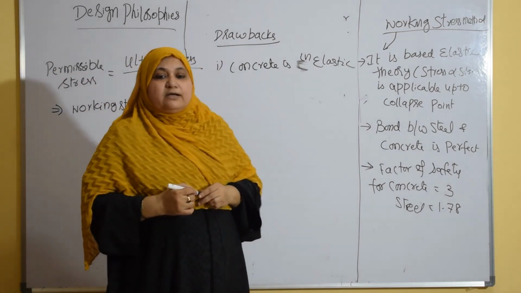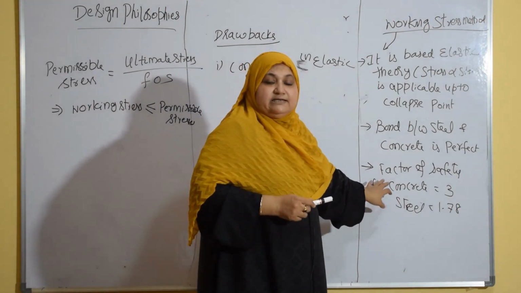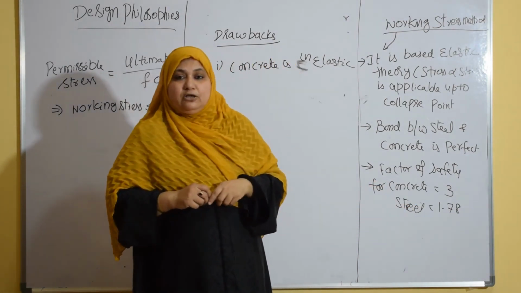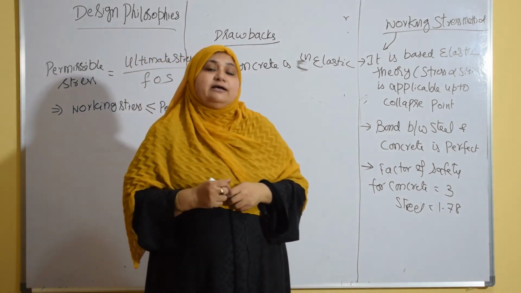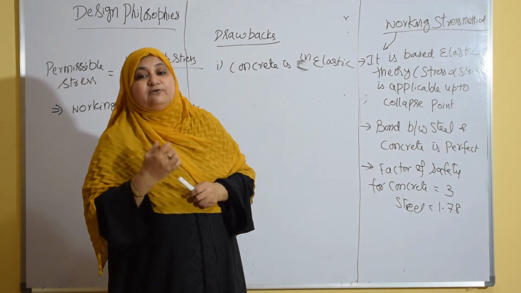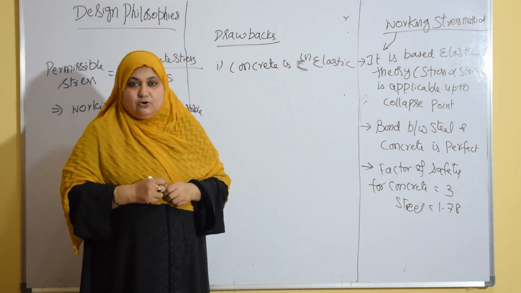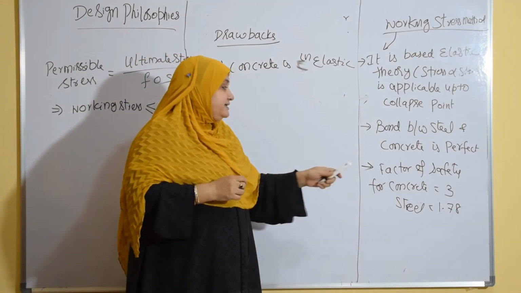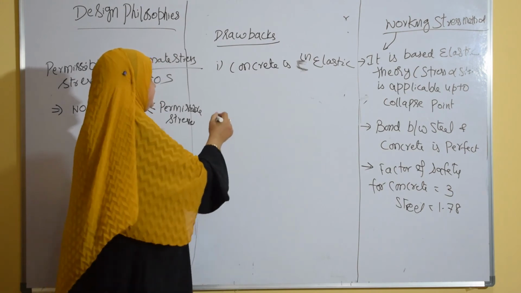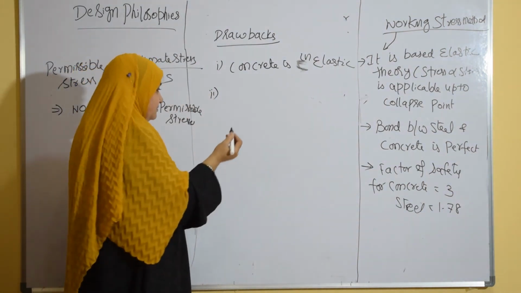Now coming to the second drawback, the factor of safety. It is using the factor of safety on the permissible stresses, not on the load. That means we cannot arrive at the collapse load. If the factor of safety is given for the loads, then we can say up to this load the member can be loaded. But here the factor of safety is given to the stresses. That is why we will not be able to arrive at the collapse load.